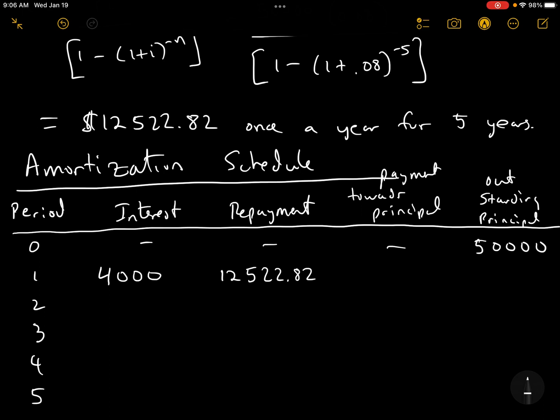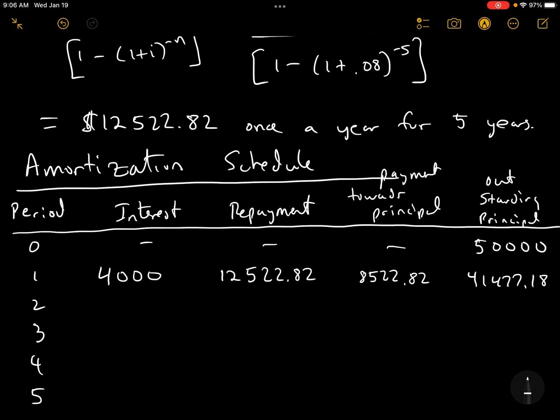If you subtract off the interest, then you paid $8,522.82 toward the principal. Now take 50,000, subtract that, and you get $41,477.18. So you see your first $12,522, 4,000 went to interest, and 8,500 went to the principal.